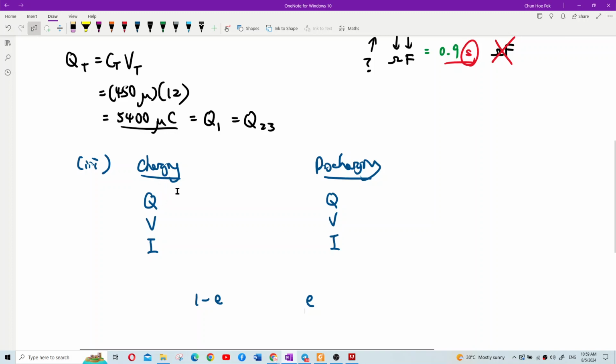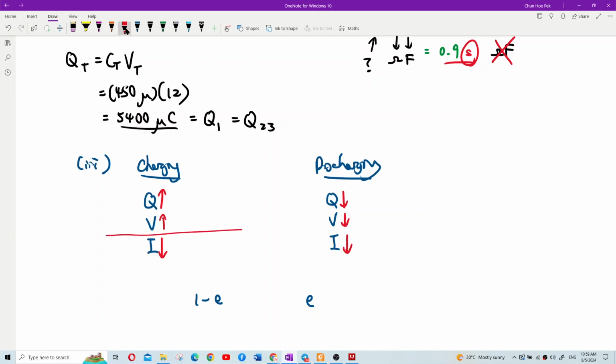If charging, which quantity increases? Do all increase? Only the charge and voltage increase. Current decreases. Do you remember that? I taught you already. Discharging, all decrease. So you can see something here.